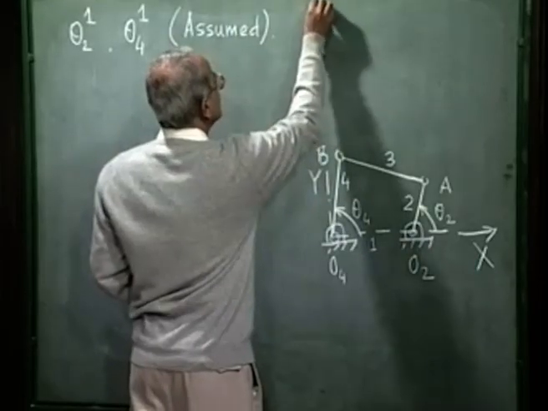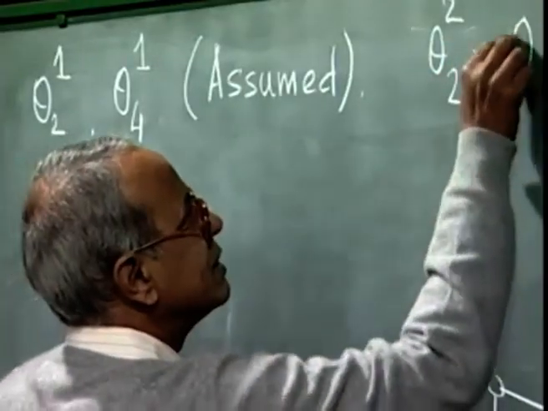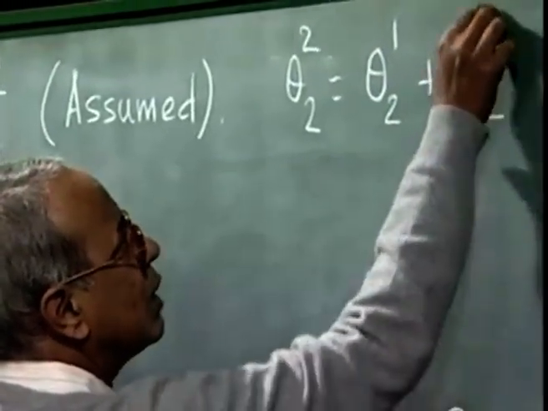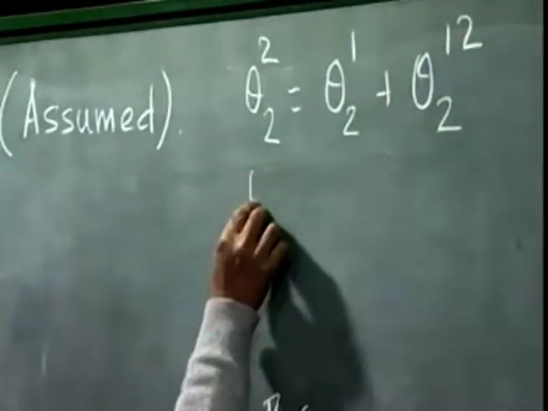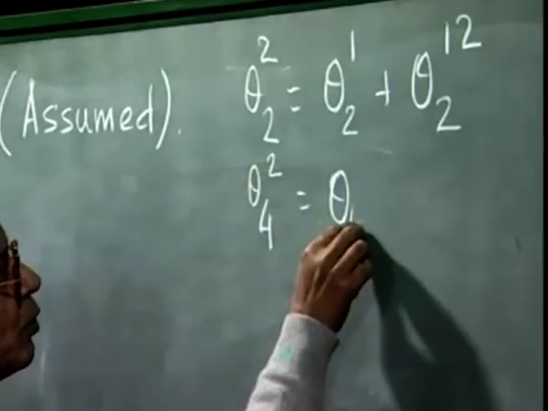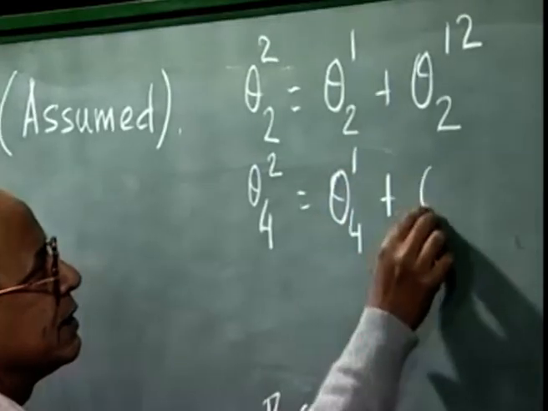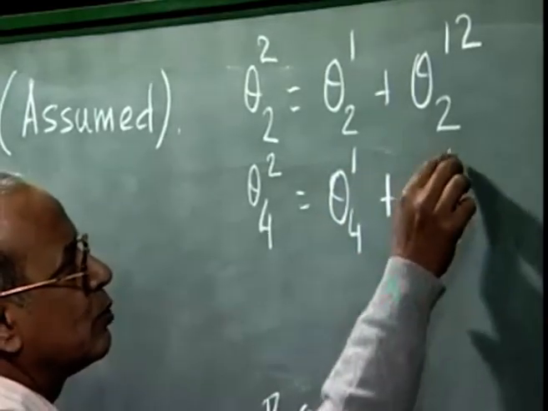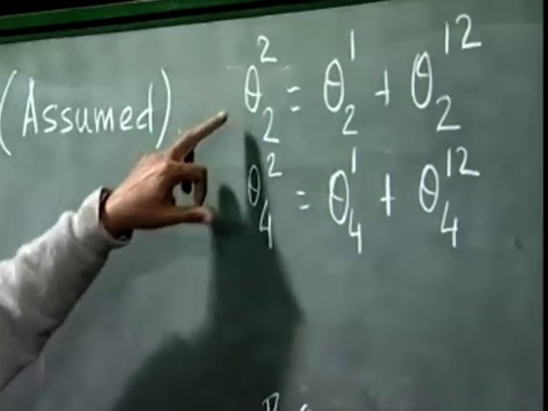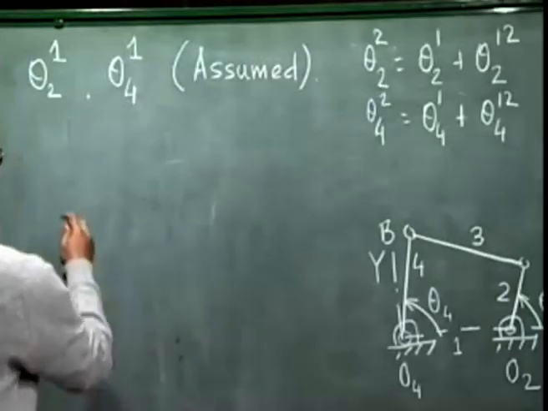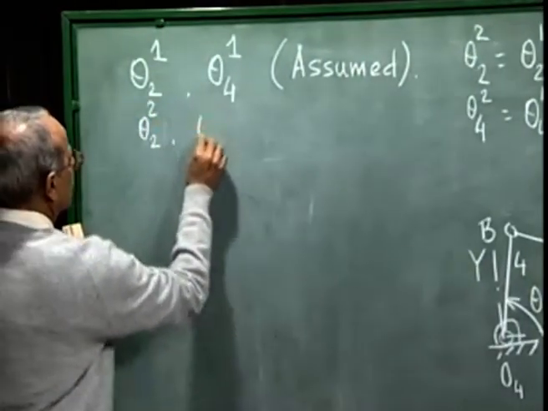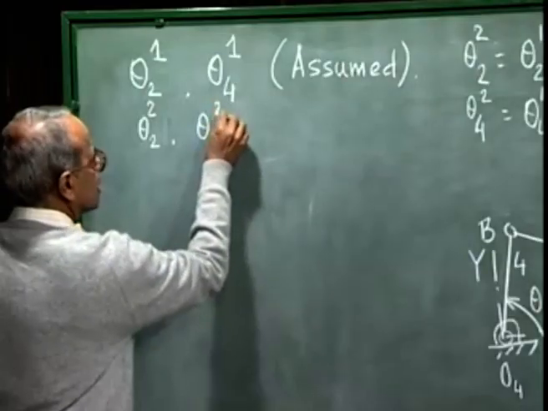This gives me theta 2 2, which is theta 2 1 plus theta 2 1 2, and theta 4 2 is theta 4 1 plus theta 4 1 2. These are already prescribed, these we have assumed, so we get these 2 values, namely theta 2 2 and theta 4 2.